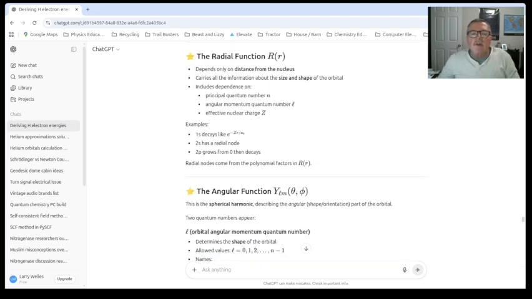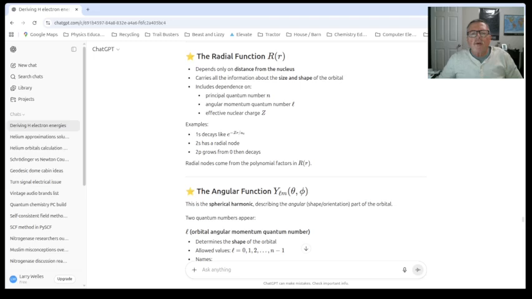Okay, let's look at this capital R function with respect to r. This is the r, this is the radius, and this radial function changes. Now let's see what this thing really is. This carries all the information about the size and the shape of the orbital, and that's really important.